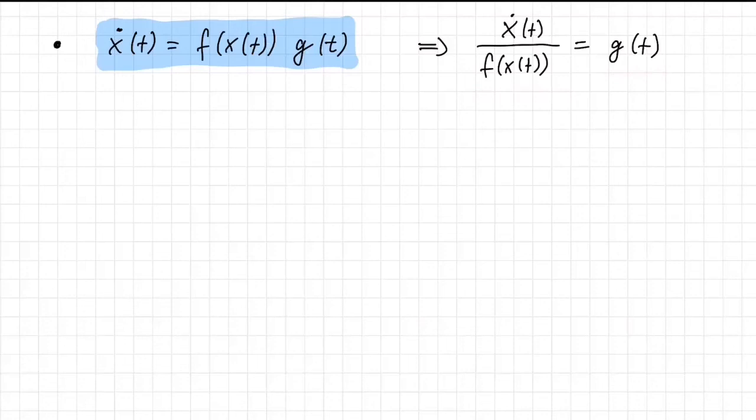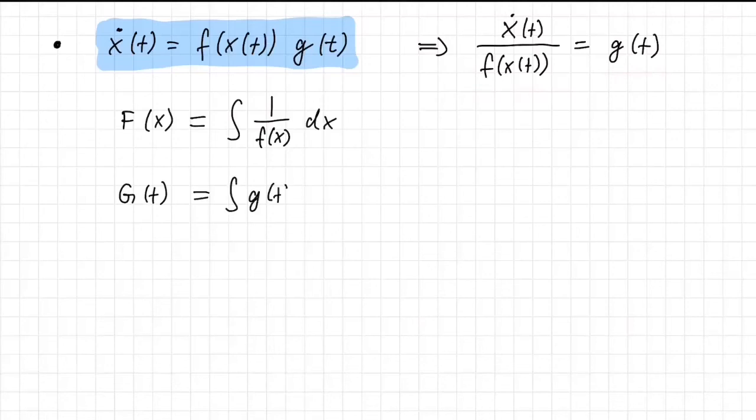So let us define as before, capital F of x equals the integral of 1 over f of x dx. We also define capital G of t equals the integral of g of t dt.